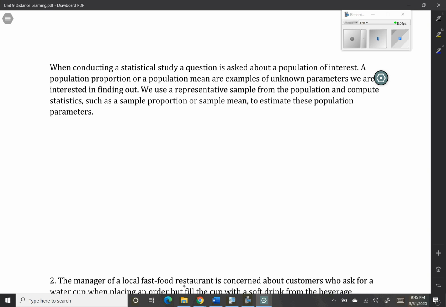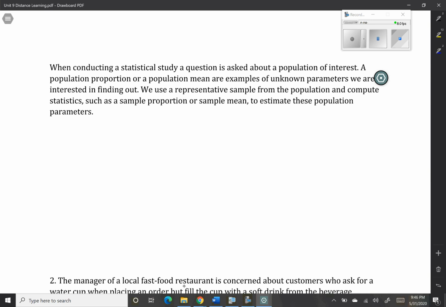So we can say, 70% of the students in Cornwall High School like going to football games on Friday night. That's a population proportion. A population mean would be an average of the whole population. So you could say students in Cornwall eat fast food on an average of 3 days a week. That's an average. And both of those things are talking about all of the students in Cornwall High School.